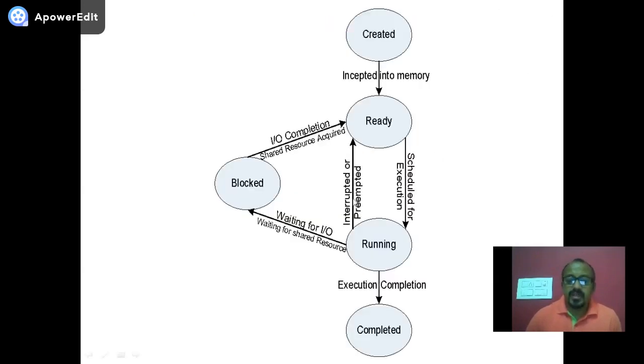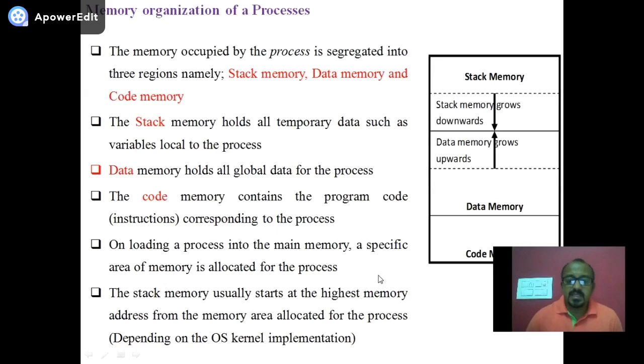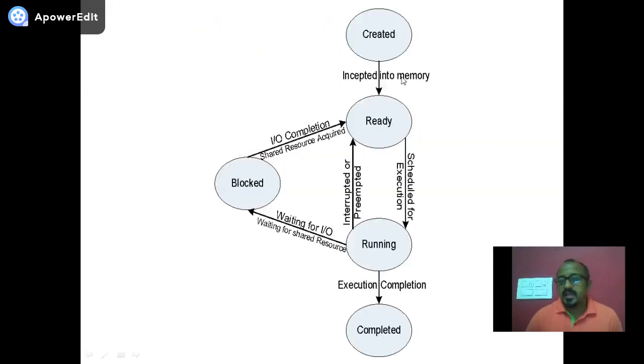For example, we'll take the same example we previously discussed. Once task 1 gets created, and at the same time task 2 is also created, they are created in a ready state, with all the resources available, for example memory, IOs, input output devices, and any other resources required.